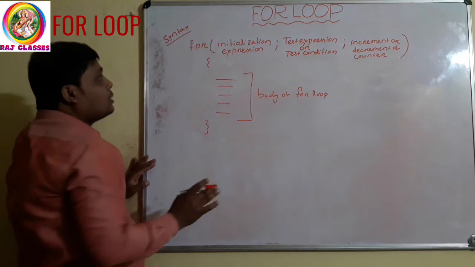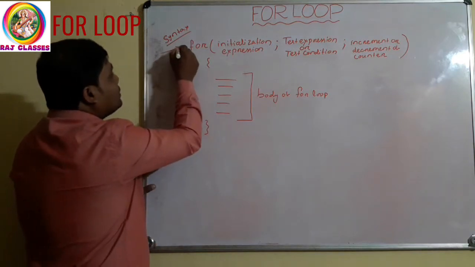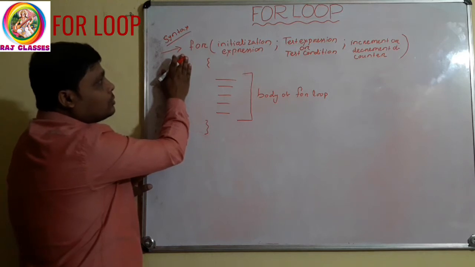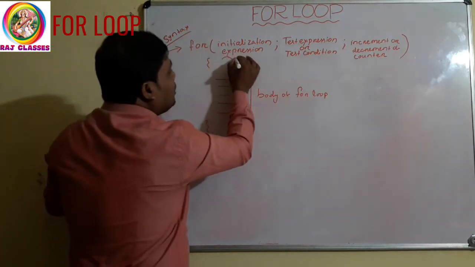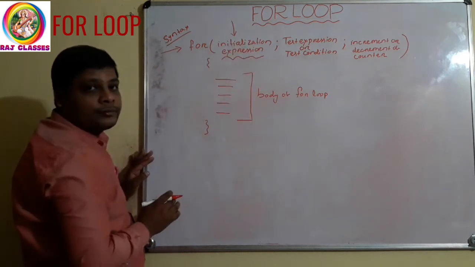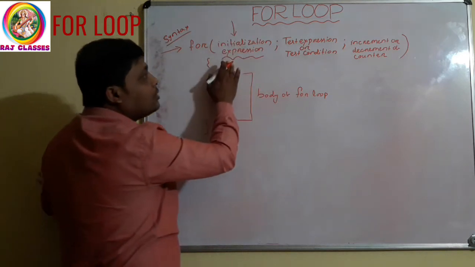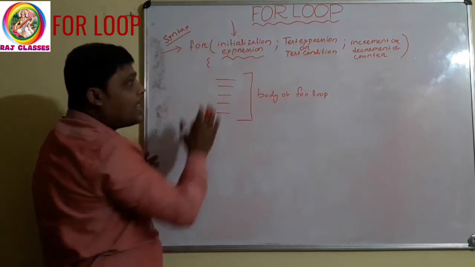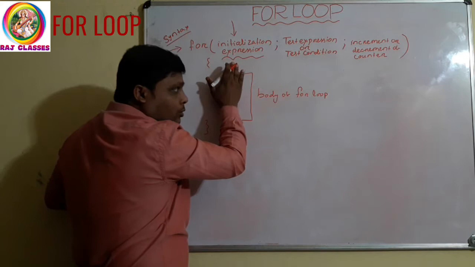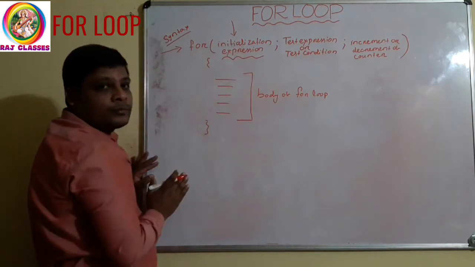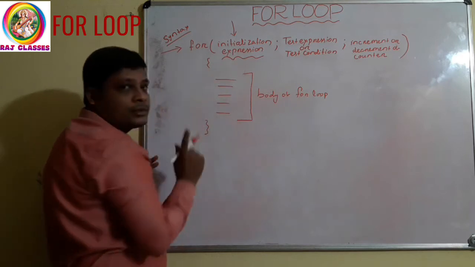Clear? When this for loop will execute, control will come first to which part? This initialization part. So first the initialization expression will execute and the counter variable will be initialized, and it will be done once.